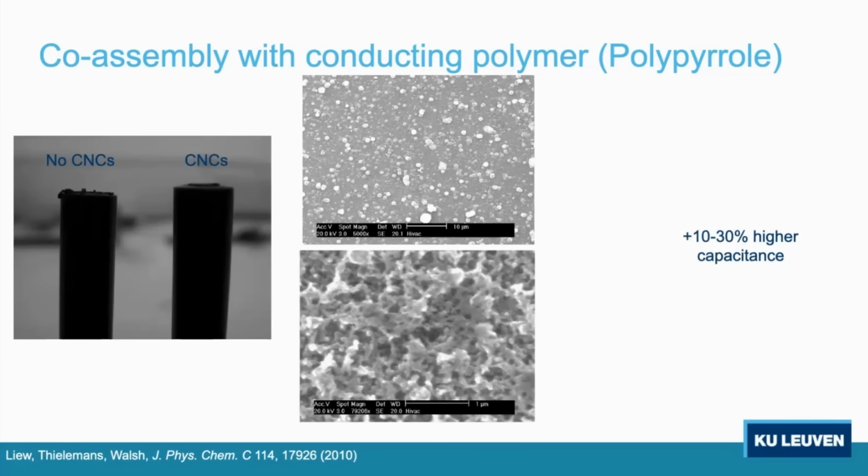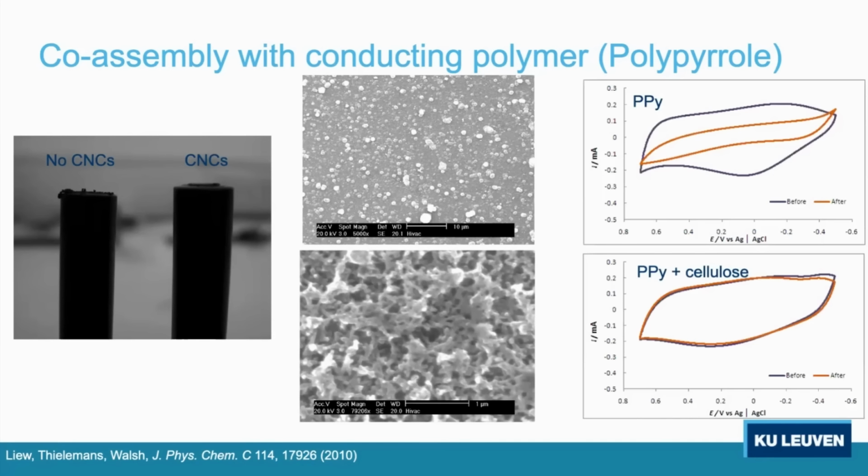We use these as electrodes for supercapacitor materials. They give you about 10 to 30% higher capacitance relative to the polypyrrole alone, which is not really something to get too excited about. The nice thing is you get a coating of polypyrrole of about 6 nanometers on top of the CNCs. And during your cycling, it has an important effect.